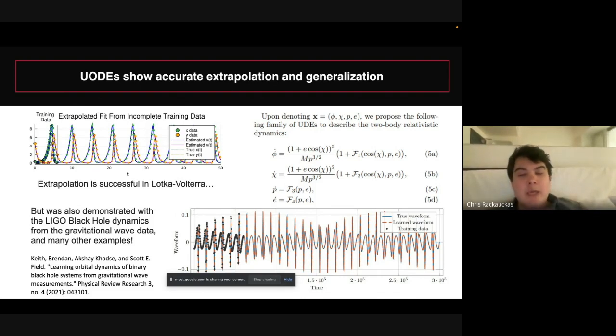For this case, they used just the black training data, and then they extrapolated forward, right? You can see that the orange is the predictions, the blue is the true waveform, and they're able to extrapolate out quite well, in a way that you generally wouldn't assume machine learning would do with that amount of data.